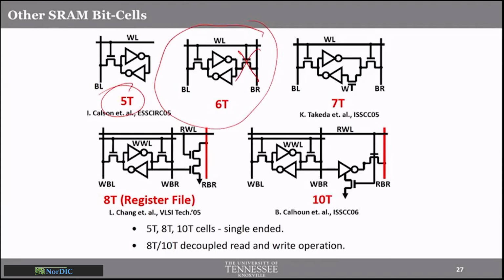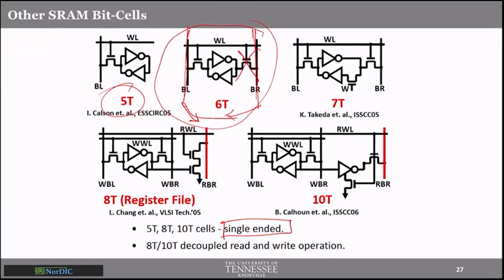Remember, there is one term that I should tell you to focus on: single-ended and differential. When you have bitline and bitline bar, you can compare between these two, and you can easily sense when you have two lines which you can look at and compare against each other. That is a differential kind of sensing, and that is always a better way.